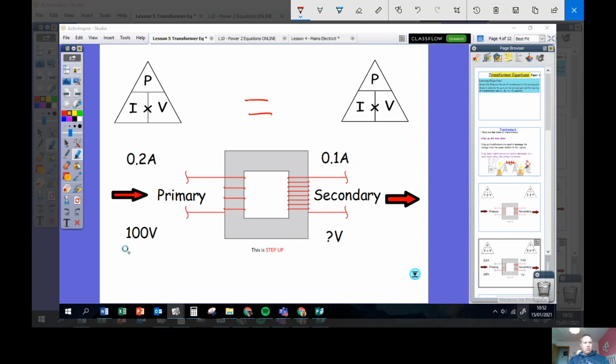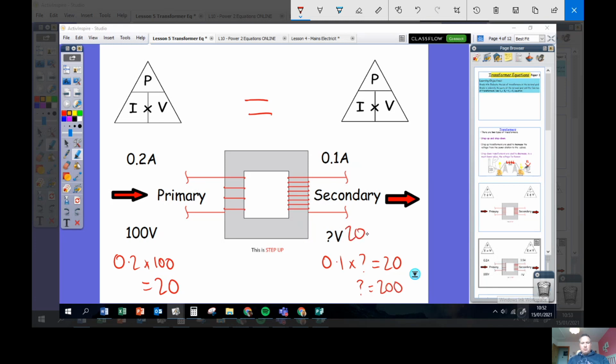The current times the voltage on this side is 0.2 times 100. So that equals 20. The current on this side is 0.1 times a mystery number, but I know that equals 20. 0.1 times something equals 20. You might be able to do it mental maths, or we just divide both sides by 0.1, and my mystery number is 200.